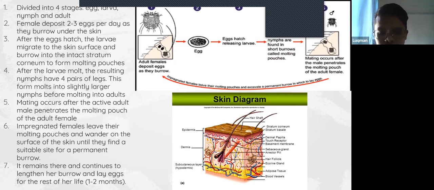So the life cycle of this Sarcoptes scabiei is around 1 to 2 months. If we take 2 months, they will lay 2 to 3 eggs per day, which means along its life cycle it will lay around 120 eggs.